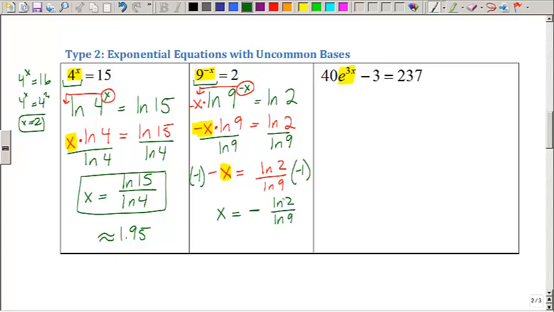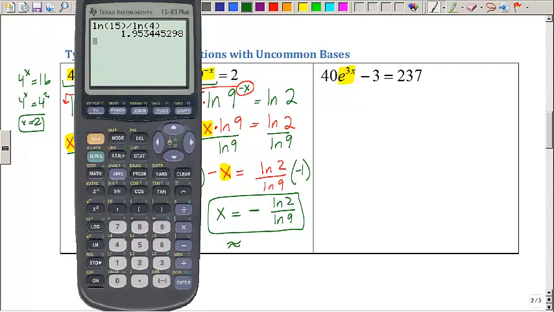The negative could possibly go in the numerator or denominator or out in front. If I'd like to get a decimal approximation, I just type negative ln, it opens up a parentheses for me, 2, close my parentheses, divided by ln 9, close my parentheses, and I have a decimal approximation of negative 3 point, this 5 is going to round that up to a 2, negative 3.2.